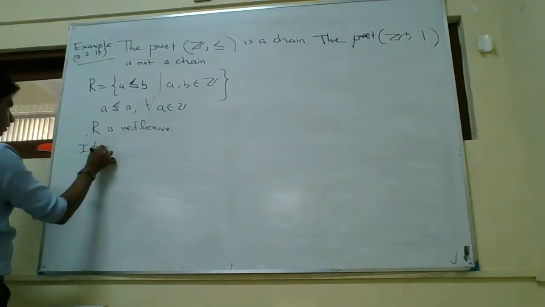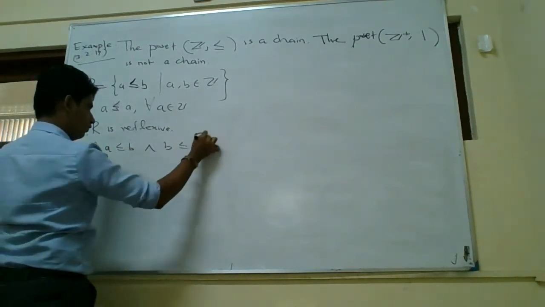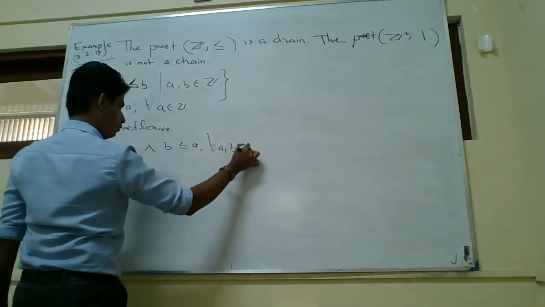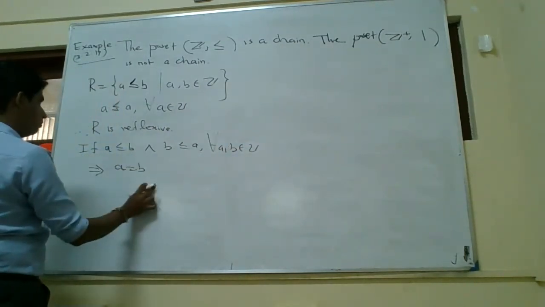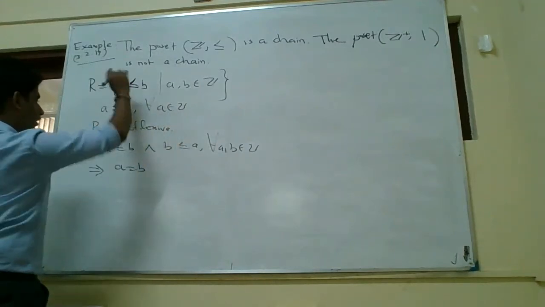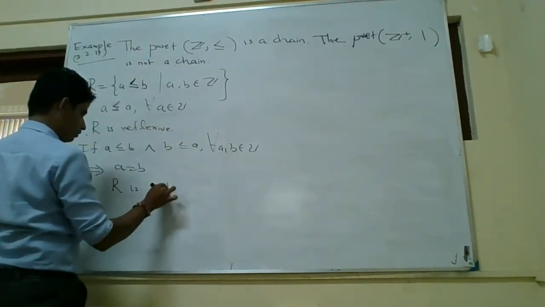If a ≤ b and b ≤ a for all a, b in the set, then a equals b. Therefore R is antisymmetric.